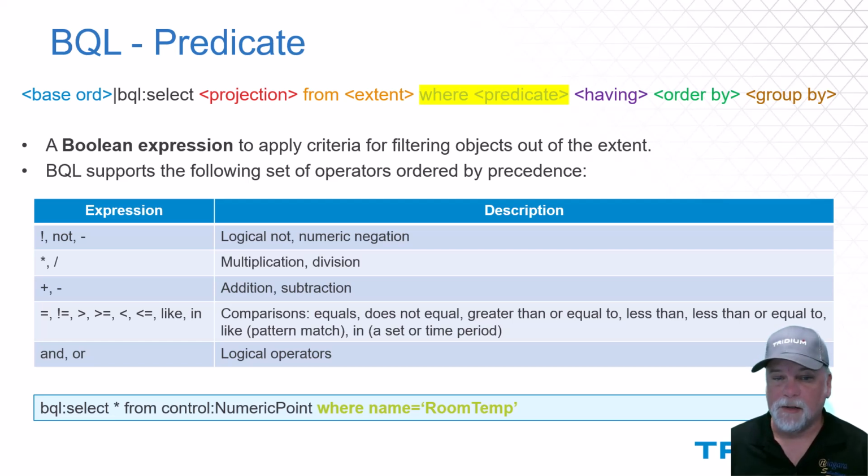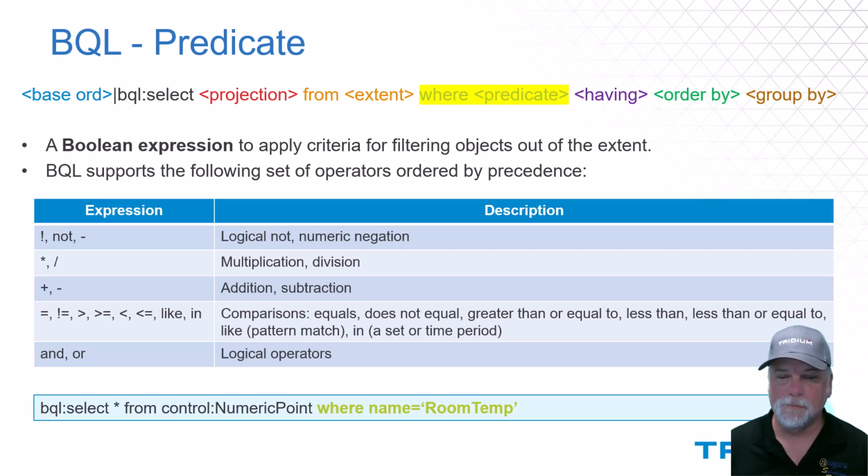Then multiplication and division, then addition, subtraction, then the various comparators like equals, doesn't equal, greater than, equal to, and so forth, including the keywords like and in. And then lastly, it'll process the and or logical operators. So it is important to understand as you write your predicates, particularly when they get a little bit more complex, that you may need to include parentheses to group your logic expressions to make sure that you get the results that you're looking for.